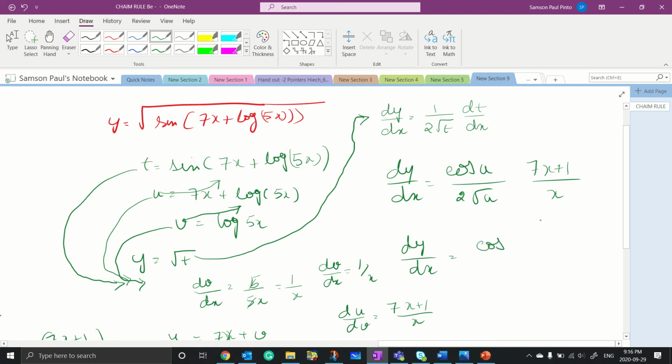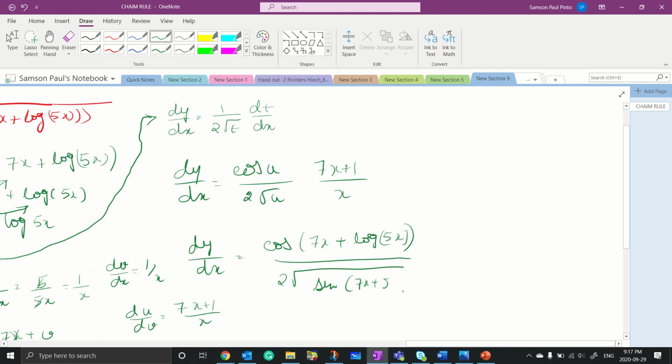cos of u, my u is 7x plus log 5x, by 2 root sine of 7x plus log 5x, multiplied by 7 plus 1 by x.